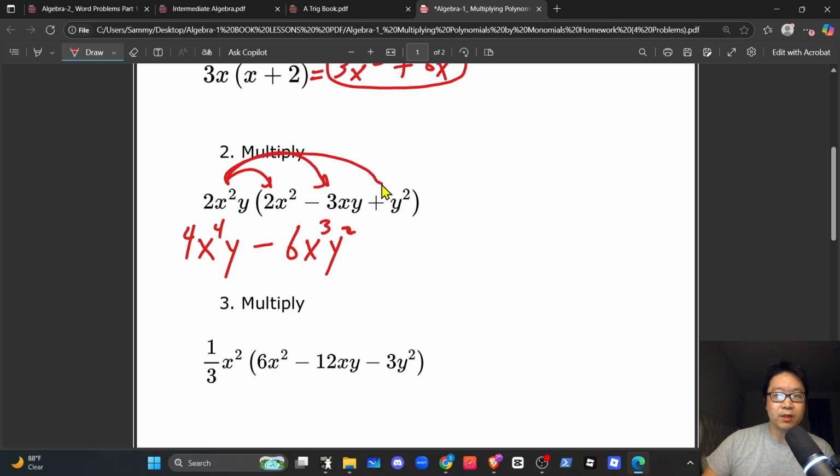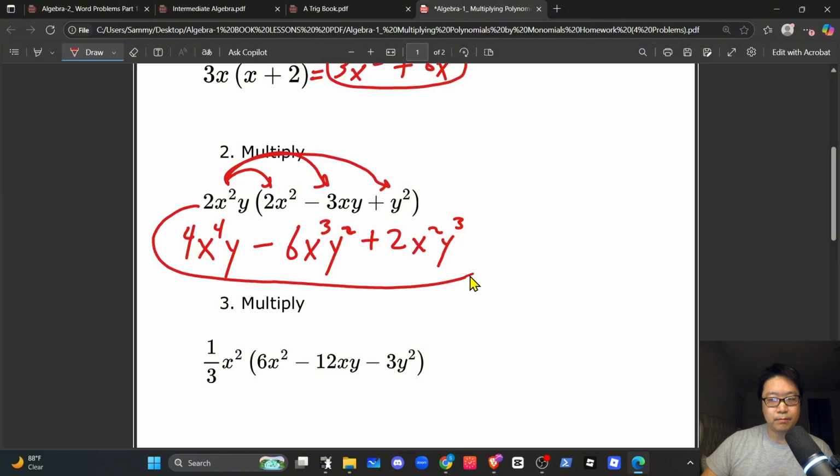And then 2x squared y times y squared is going to give us a positive 2x squared y cubed. And that is our answer.